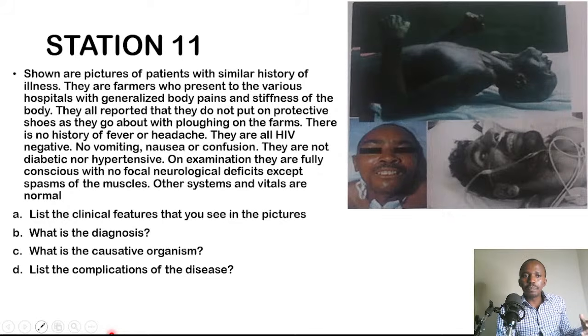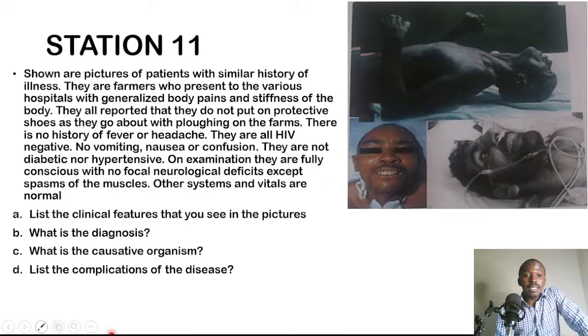There's no history of fever or hypertension. On examination, they are fully conscious with no focal neurological deficits except spasms of these muscles. Other systems and vital signs are normal. Sorry, I had a brain freeze.